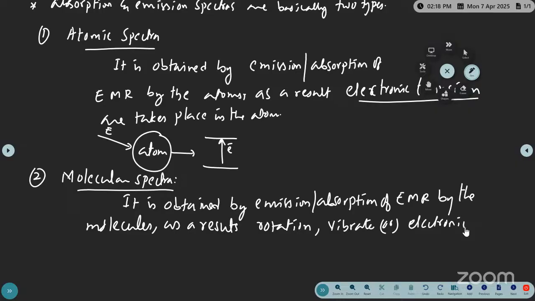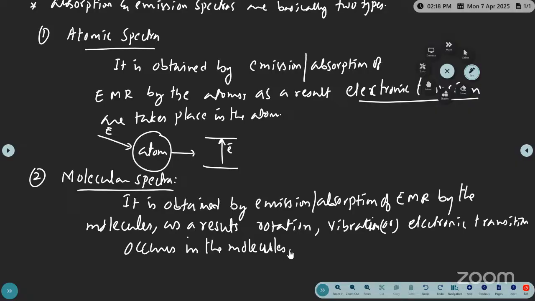As a result, rotation, vibration and or electronic transitions occur in the molecule. So here three types of observations can be done in the molecule by absorbing or emitting the radiation.